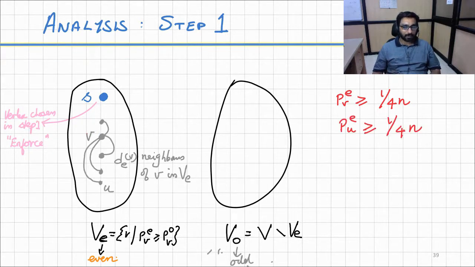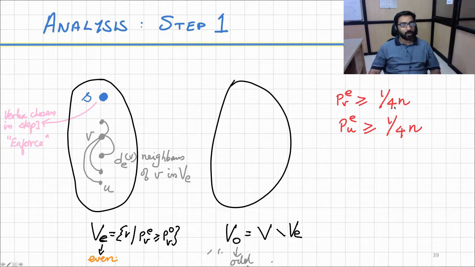Okay, now consider the neighborhood of V. Just to let you know where we are going, we're trying to find the product of PVE times PVO.